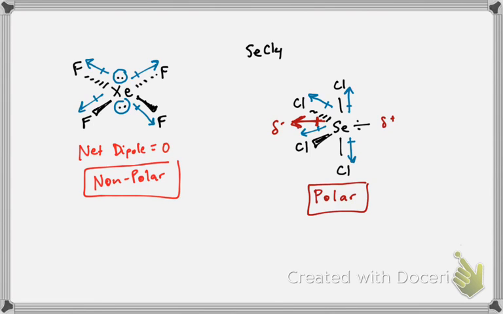Okay, so whenever you're asked to figure out whether a molecule is polar or nonpolar, you need to figure out its shape, and you need to consider how those dipole moments are going to cancel out or not.